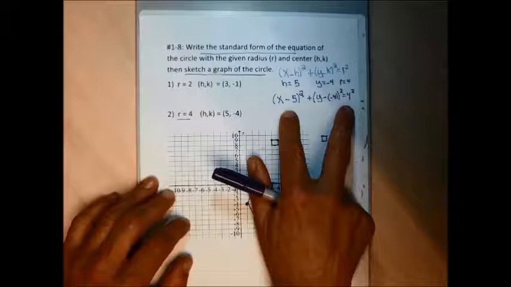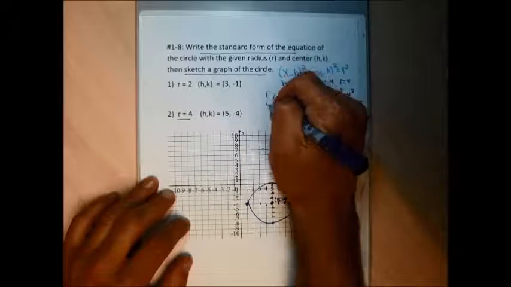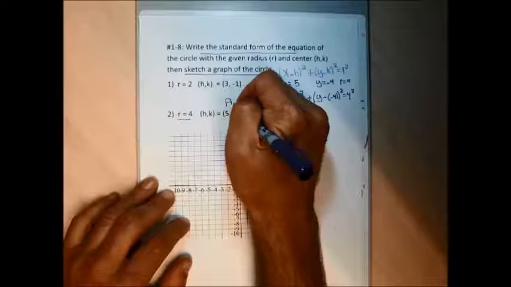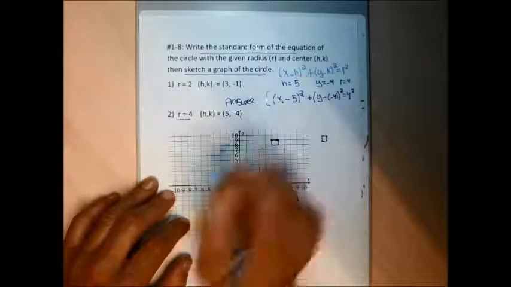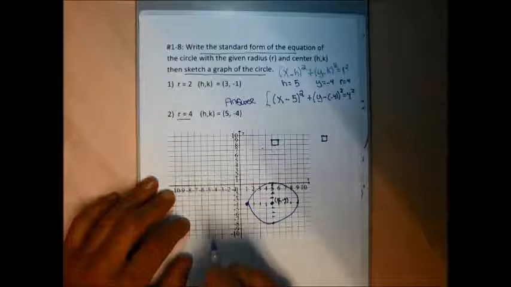If I take the time to simplify this, because generally we don't leave double negatives and we don't leave exponents that we can clear easily, then you start to not see the center so much.